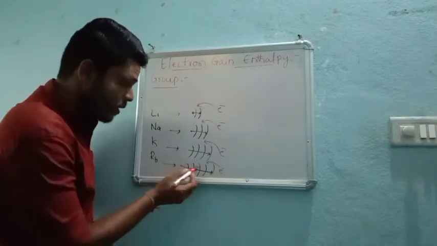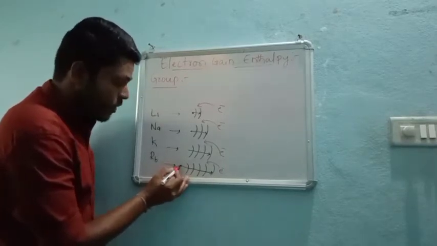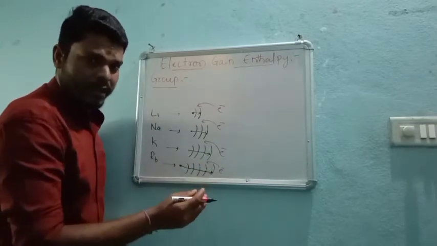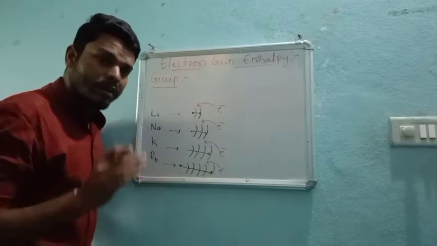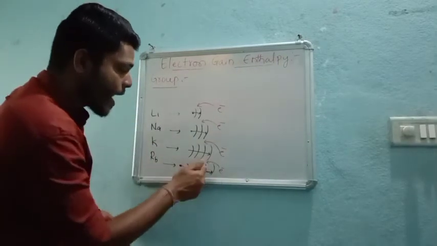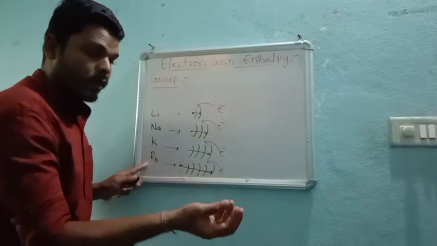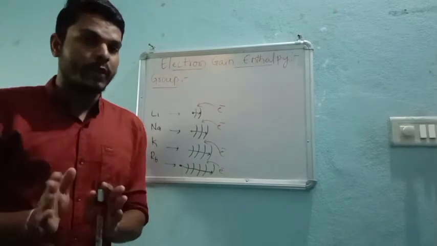Because the bond strength between the nucleus and the valence shell is very little, rubidium will easily accept the electron, and that much energy will not be produced.